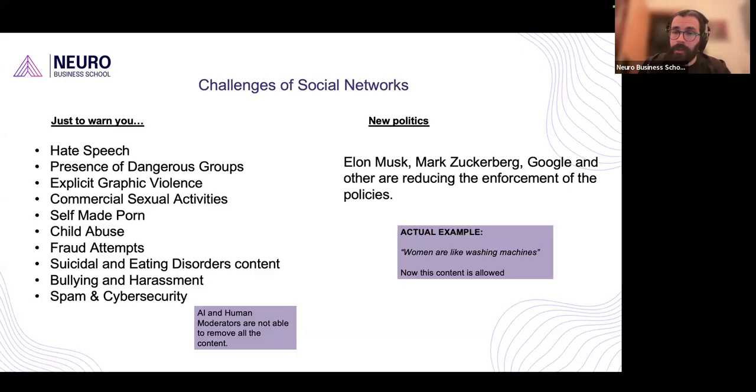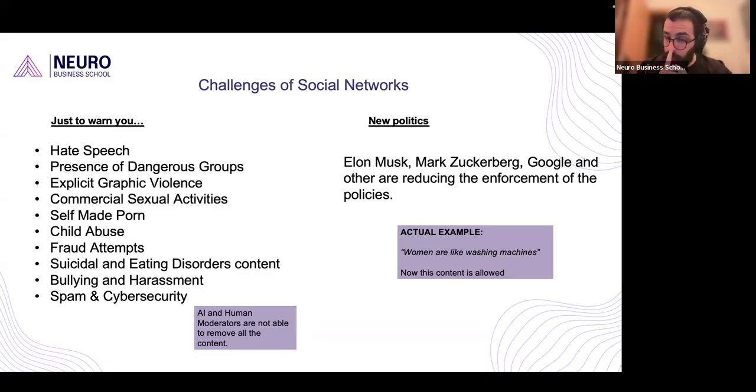Elon Musk, Mark Zuckerberg, Google, and others reduced the enforcement of their policies because Donald Trump started being in the government. At that moment, all these people I mentioned decided, to be more aligned with the idea of free speech, I'm using quotation marks, to reduce the enforcement of these policies.